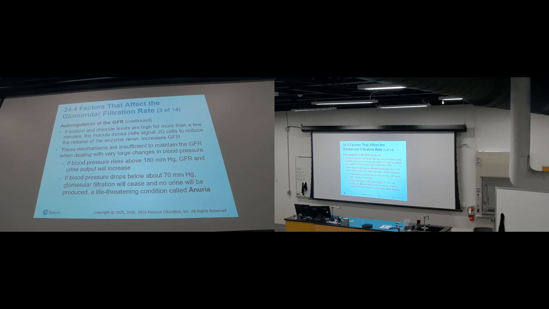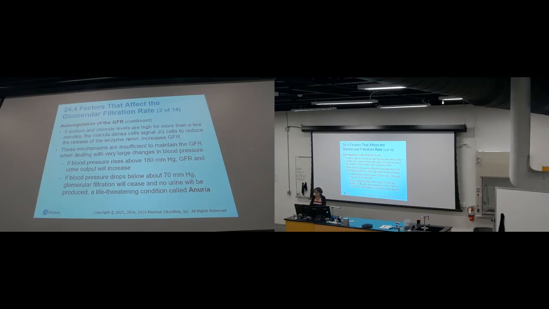Now, if sodium and chloride levels are high for more than a few minutes, something is going to happen with your macula densa cells. You will signal your juxtaglomerular cells to reduce the release of renin, which is going to increase the GFR. And then these mechanisms, if they are insufficient to maintain the GFR when dealing with very large changes in the blood pressure, so for instance, if your blood pressure goes up above 180 millimeters of mercury, your GFR and urine output will increase in an effort to decrease the blood pressure.